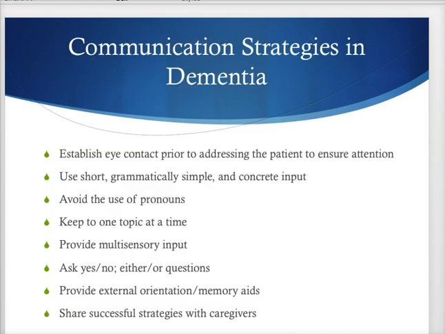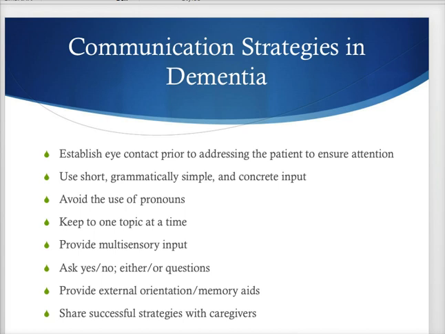Next, in dementia. These are some strategies that we can use in dementia. We establish eye contact, using short, grammatically simple, and concrete input. Instead of, "I need you to sit here, and then I need you to stand up, and then I need you to go over here, and then I need you to," we can use something more grammatically simple. Okay, stand up, walk to the sink, move this way. Okay.